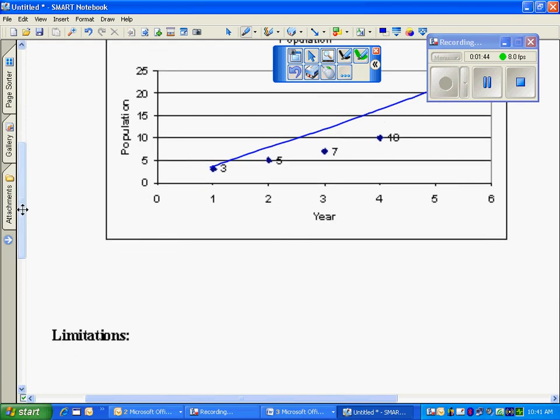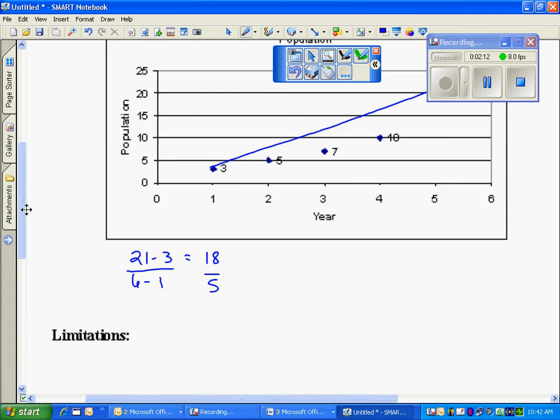Well, in the end I was at 21 and I started at 13, so I changed by 18. So my population changed by 18, and the time it took for that population to occur was 5 years. Year 6 minus year 1. It took 5 years for me to change by 18.